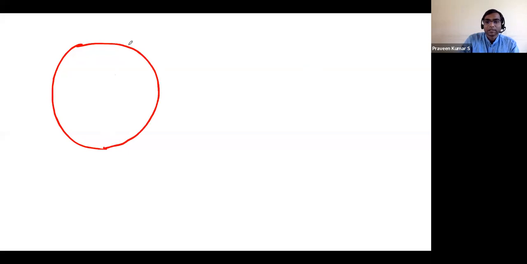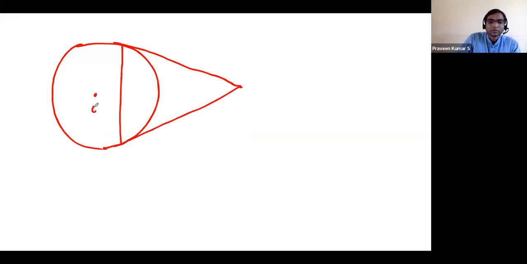So it depends on where that secant is, right? Now, sometimes there are questions which are asked like this. Let's say there is a tangent like this. This is a chord. Okay, so here is a point A from where two tangents are drawn.